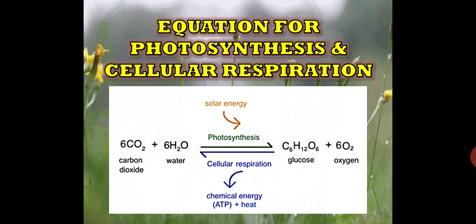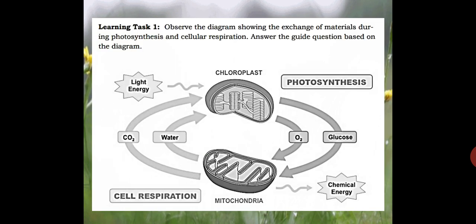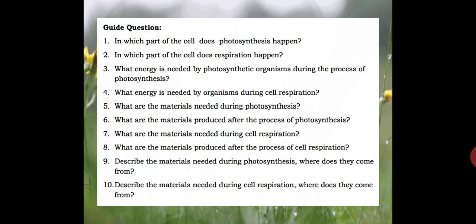So let us proceed with our learning task number 1. Observe the diagram showing the changes of materials during photosynthesis and cellular respiration. Please answer the guide questions based on the diagram. So here is the diagram. Observe the diagram and read the following guide questions.